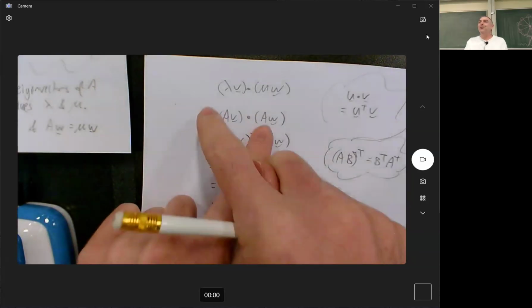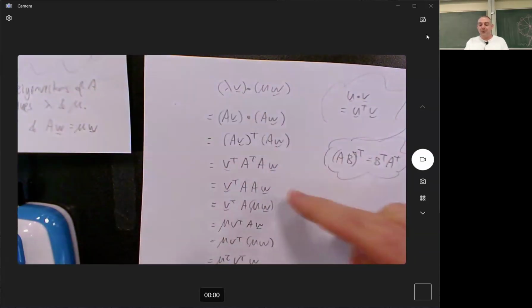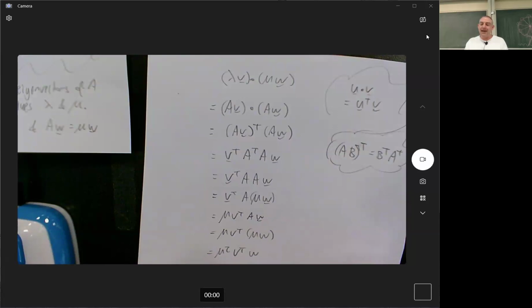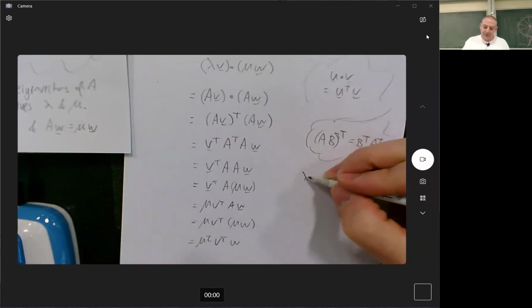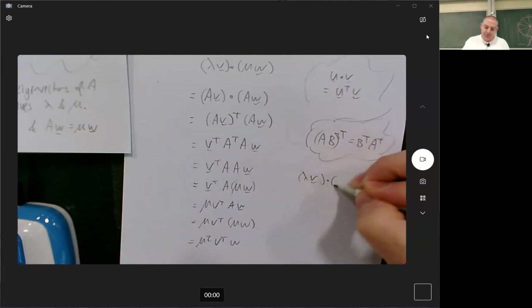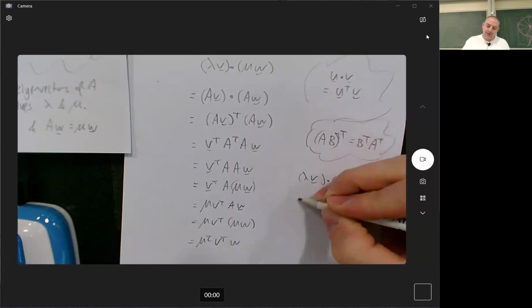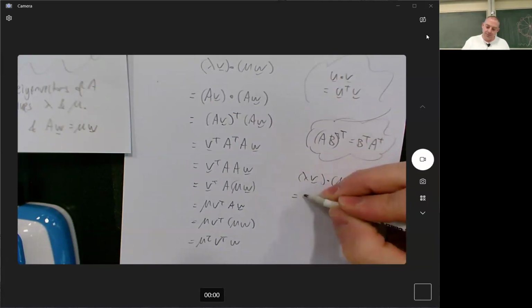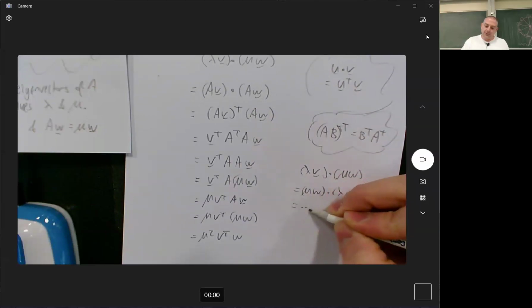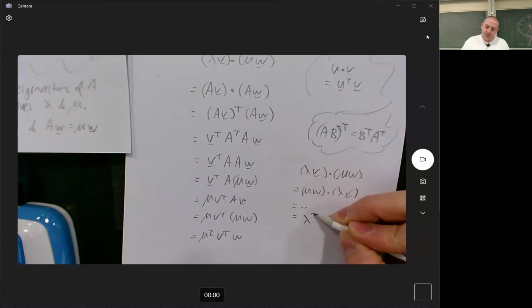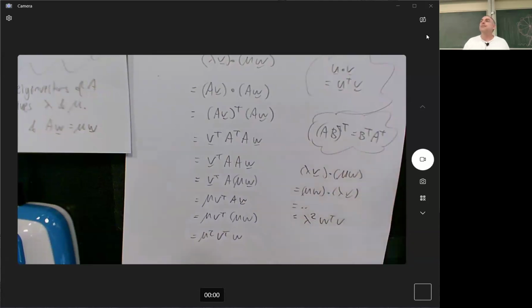If I switch the order on this, then the V would have been second, and I would have ended up with lambda squared W transpose V. So lambda V dot mu W is the same as mu W dot lambda V, which will be working out to lambda squared W transpose V using the same reasoning.